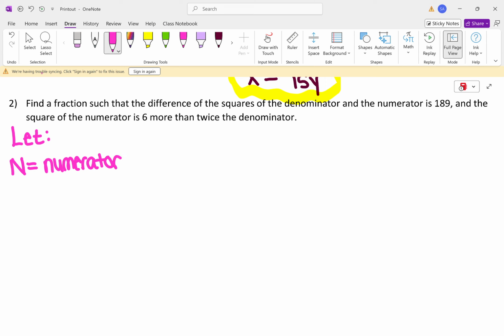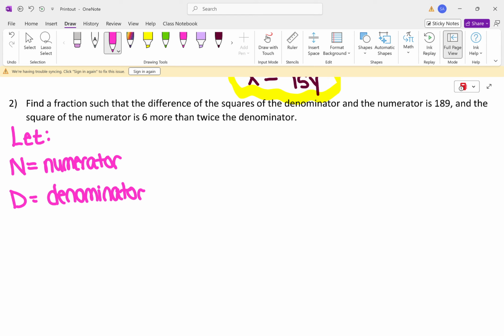So n is the numerator. We're going to let d equal the denominator. And now we have to translate this into an equation. So it says find a fraction, so numerator over denominator, that's our fraction, right?